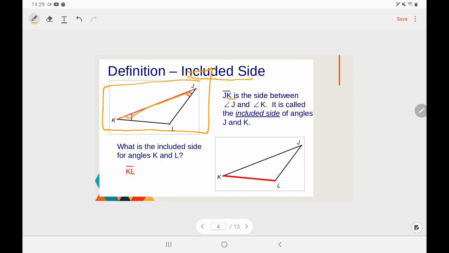Now JK is between angle J and angle K. There's angle J and there's angle K. This segment is called the included side of angle J and angle K. So what would be the included side for angle K and angle L in this second diagram? Segment KL, which is this definition is going to be useful to us going on.